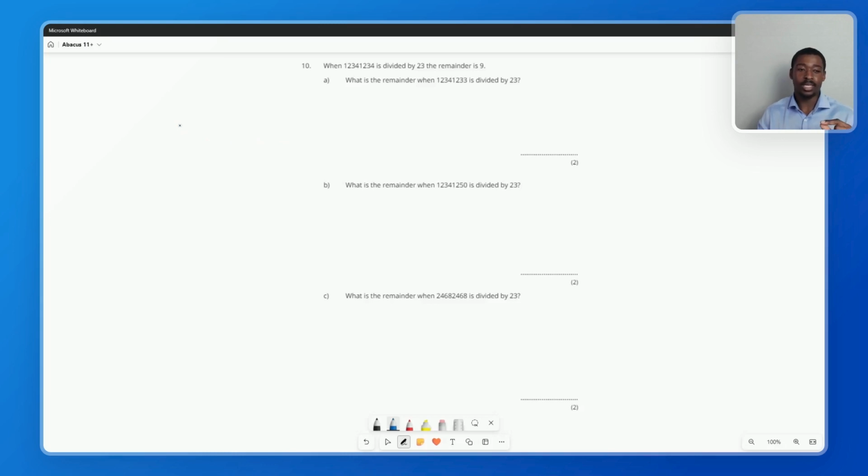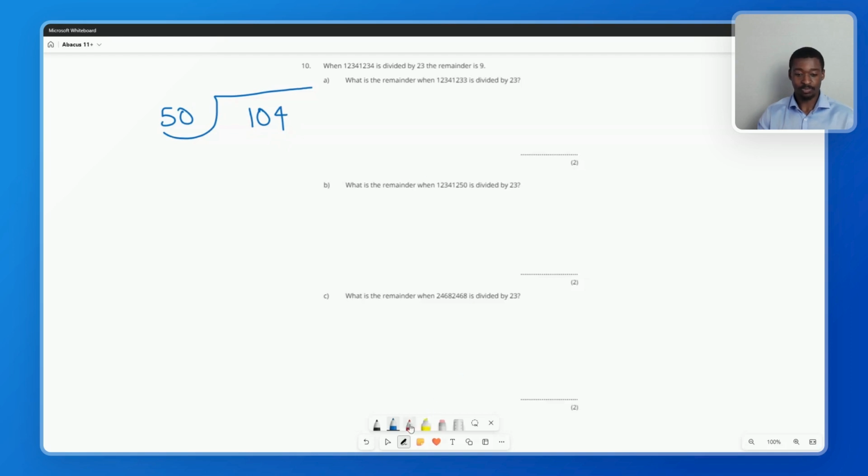So let's say we have 50, okay? And we have 104. What is the remainder here? Well, the way this works is we try and divide 104 by 50.